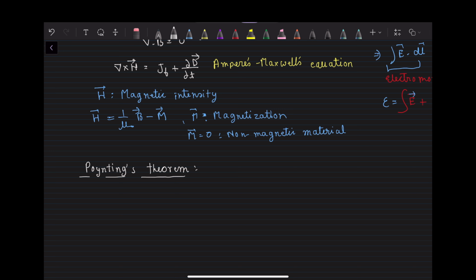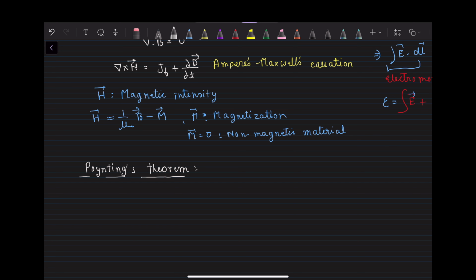By the end of the discussion we will see that energy flowing out of a surface is also a function of work done by polarization. There is some polarization dependence, and that's very important. That's very central to nonlinear optics. That's why we are trying to understand this part, and let's dive right into it.